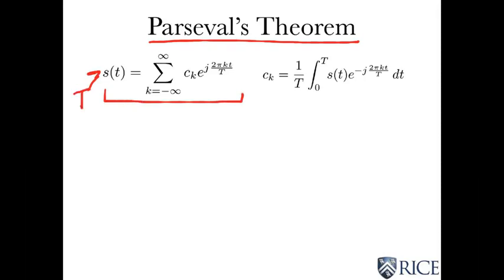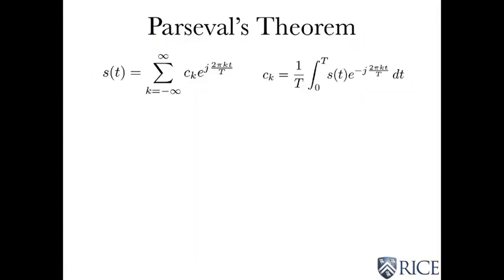It's got a period of capital T, and we know these are the Fourier coefficients, and it's expressed as a superposition of complex exponential signals whose frequencies are harmonics of 1 over T. To find the Fourier coefficient, we calculate this integral. We have to plug in what the signal is and just do the integral and find it for all k.